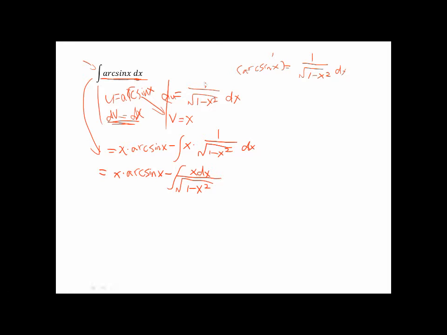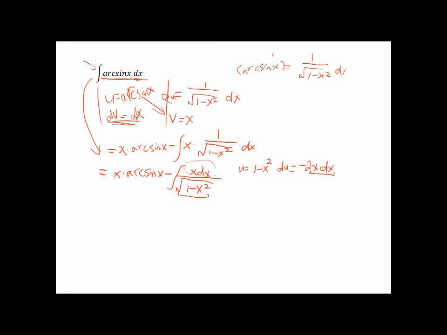To solve this, I'm gonna use substitution. Say u equals 1 minus x squared, and then du is gonna be negative 2x dx, right? See, I find x dx, which matches up here.